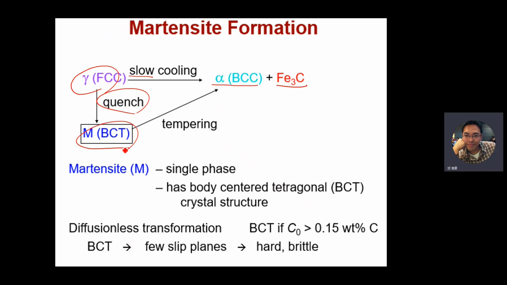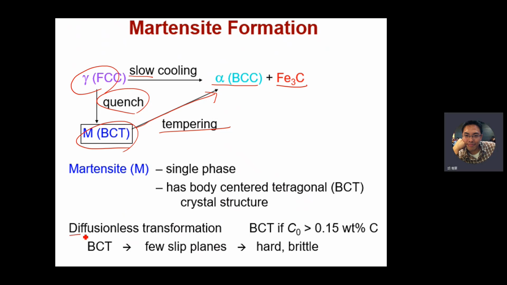If we want to reduce the mechanical properties, the ultimate tensile stress, the hardness, or the yield stress, we just do the tempering. And this martensite will transform into ferrite and cementite.